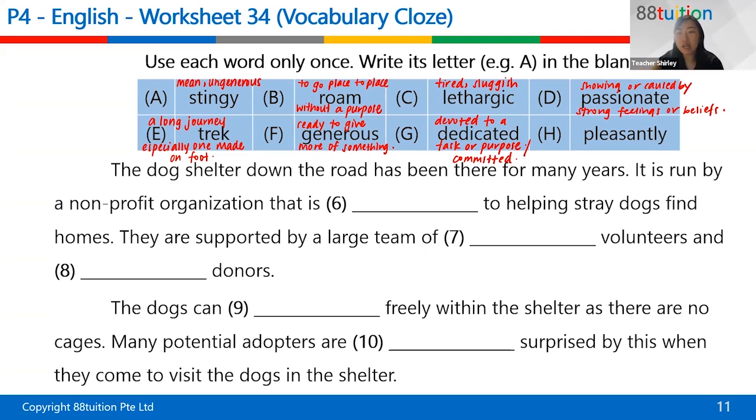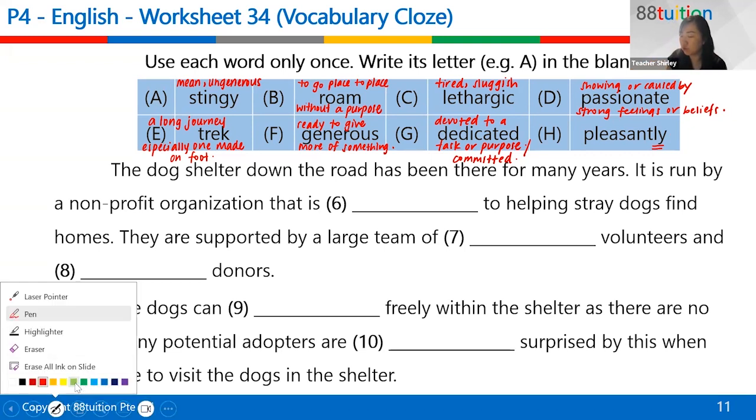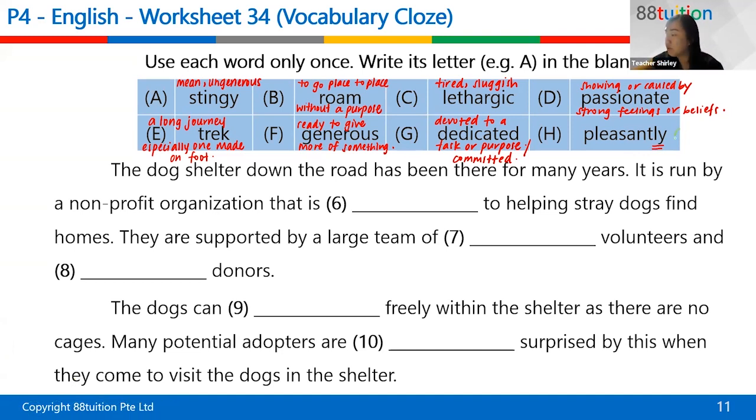Okay? All right. And the last one, pleasantly. Anything that has ly is actually an adverb. Okay? Maybe I'm gonna use another color. So actually for vocabulary cloze, it's good for you to write down what word form this is. Oh, green is too light. Maybe I use blue. Okay, pleasantly is actually an adverb.